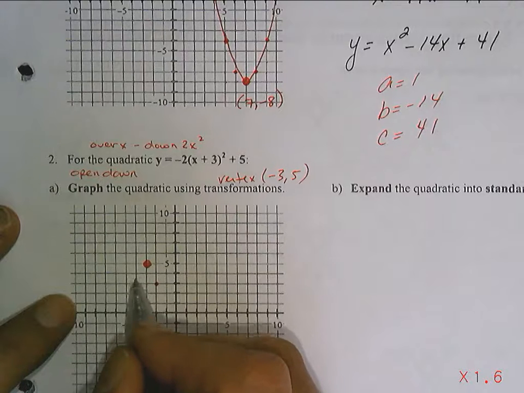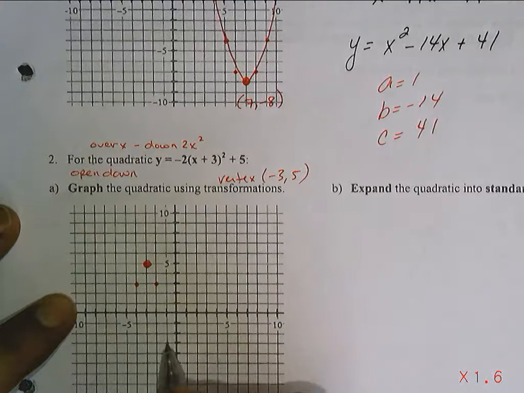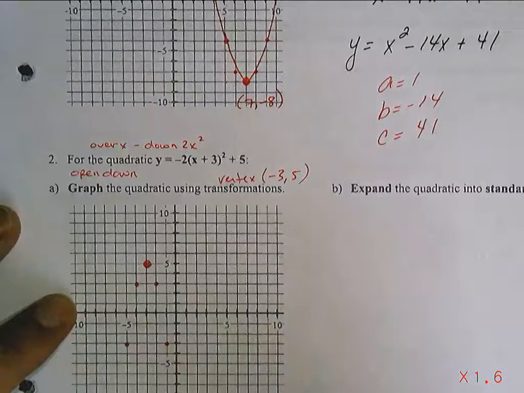Over 1 down 2. Over 2 down 8. So that's 5, 6, 7, 8. Over 3 would be down 18. Not sure if I've got enough to do that. I don't, so it would be down here somewhere.